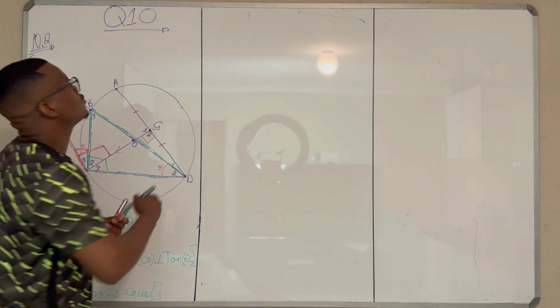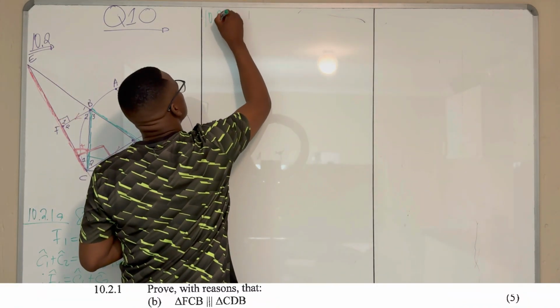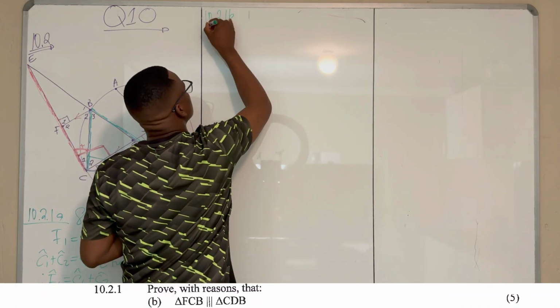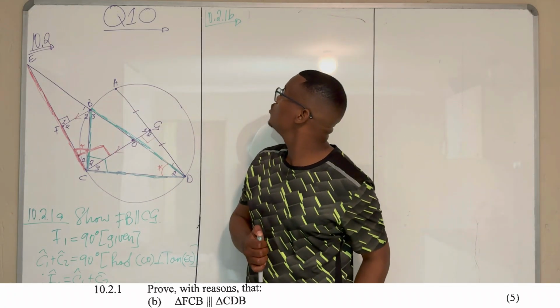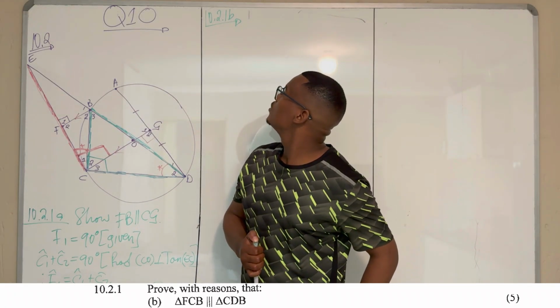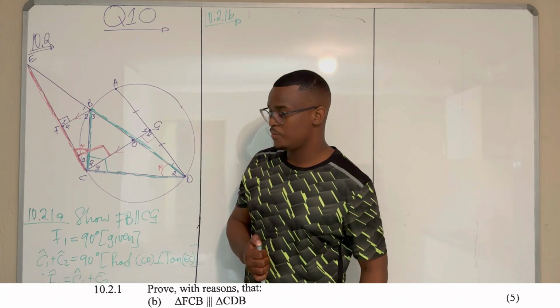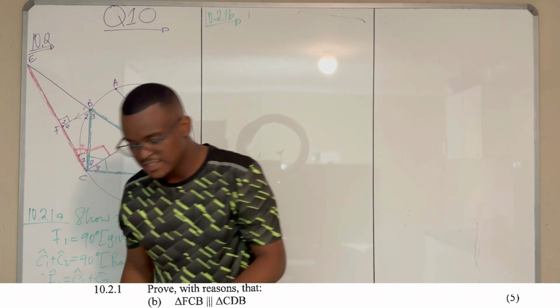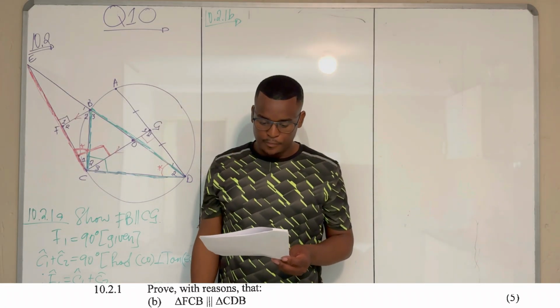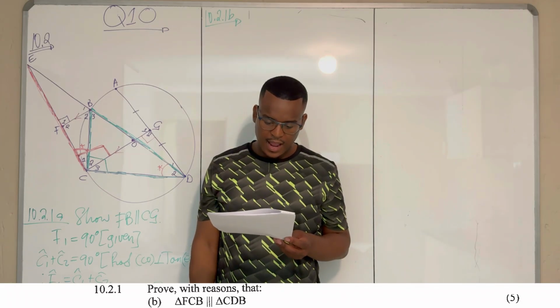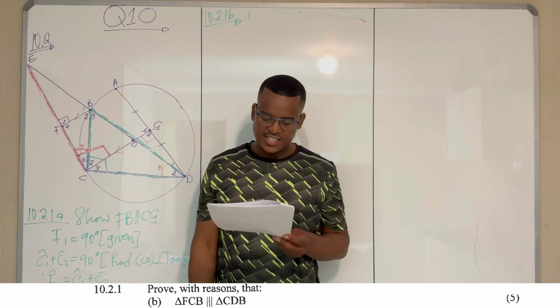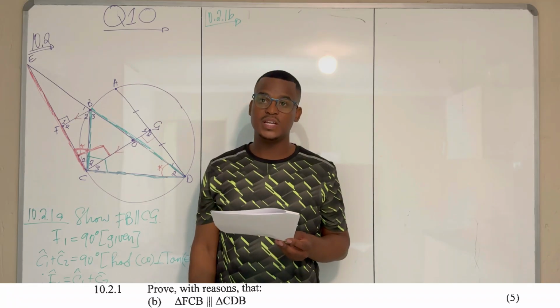So we move to 10.2.1b. What are they saying? They are saying, prove with reasons that triangle FCB is similar to triangle CDB.